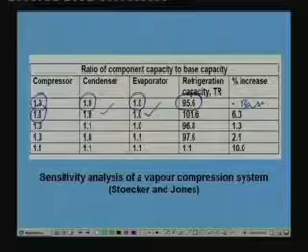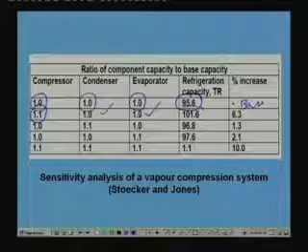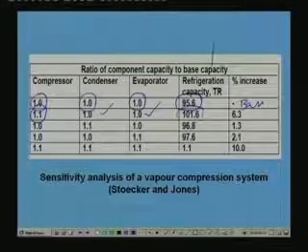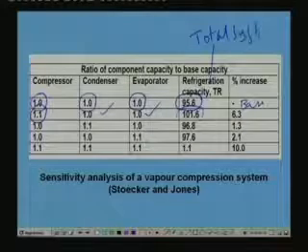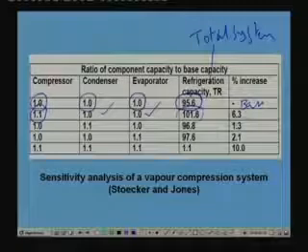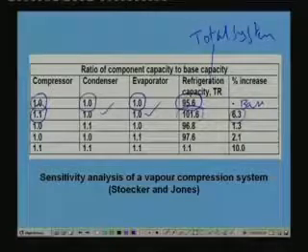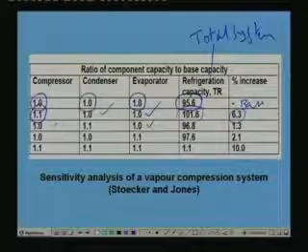When the compressor capacity is increased by 10%, you find that the total system capacity increases by 6.3%.